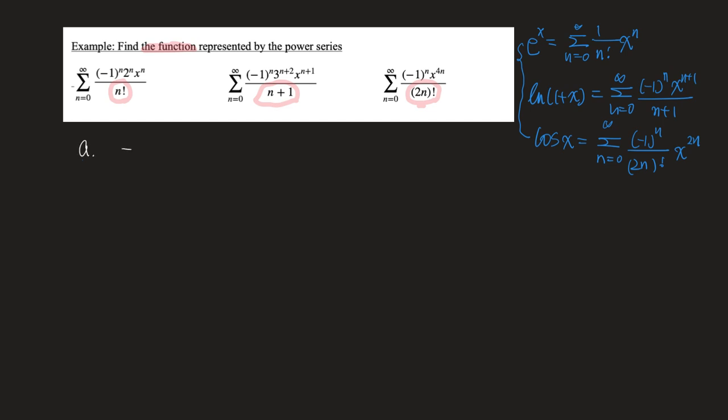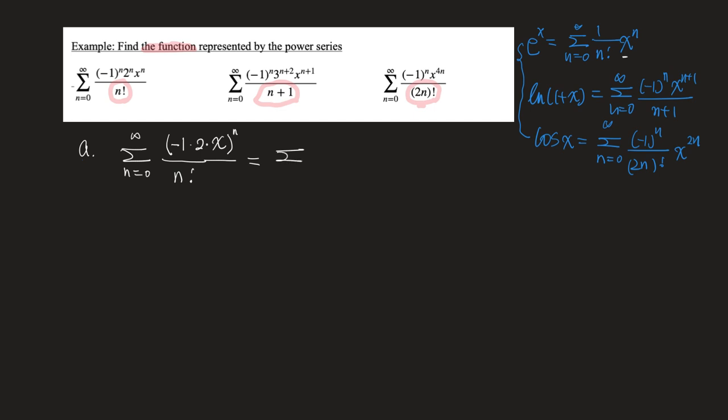So you write the first one as the summation n equals 0 to infinity over n factorial, nothing else there. Put everything together here, the power is n: (-1) times 2 times x to the n.